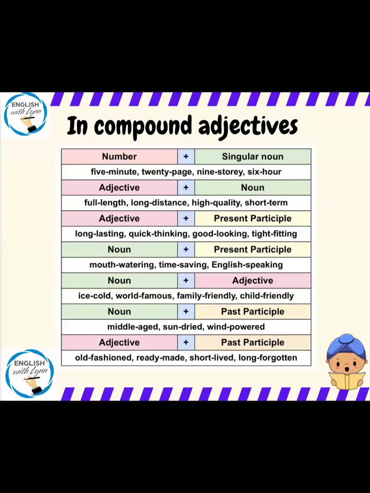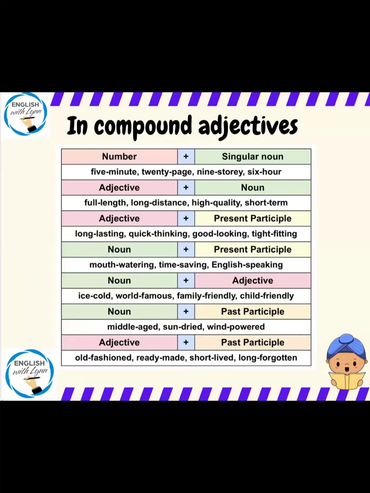It might also be that you are using the adjective like it is at the bottom here, where you've got an adjective and a past participle. So old-fashioned, short-lived. These words at the bottom here, forgotten, lived, made, they are all the past participle. Okay. The other way that we make the compound adjectives is with nouns.